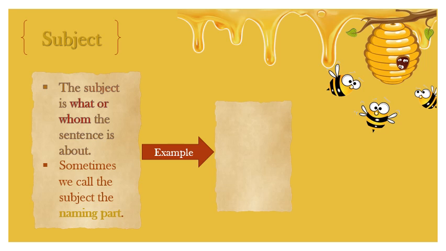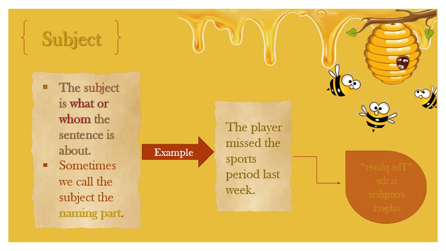Example. Let's take the example here. The player missed the sports period last week. What is the subject? Who is the sentence talking about? The sentence is talking about the player. Excellent. The subject is the player. Here, the player is the complete subject.